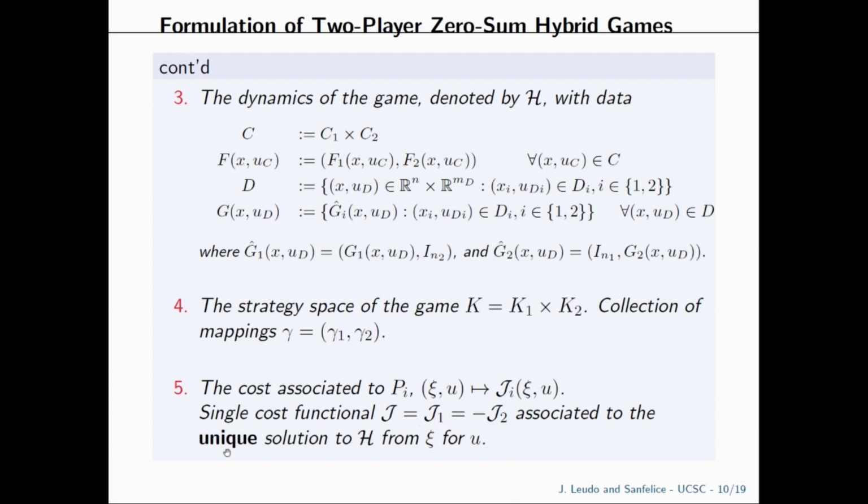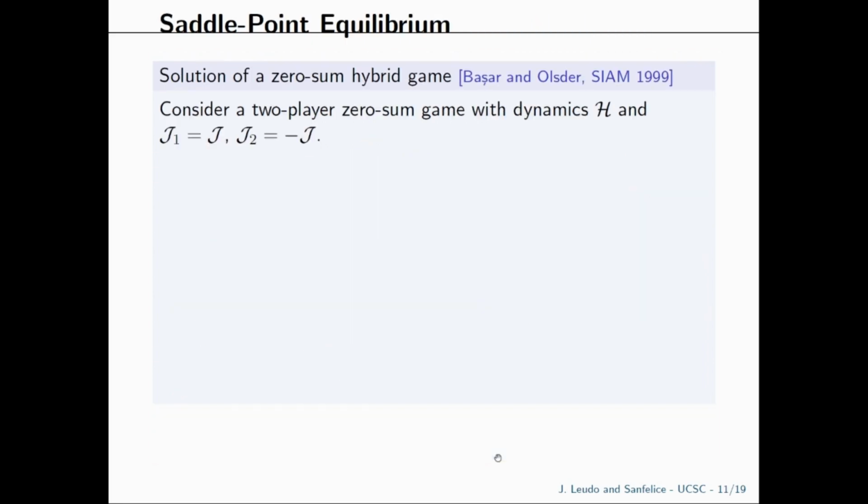And we have a special assumption here, and it is that for every input action, we have a unique solution to the hybrid system, which also creates a unique correspondence of actions and cost functions. So our game is well defined, and it admits an equilibrium solution that I'm about to introduce.